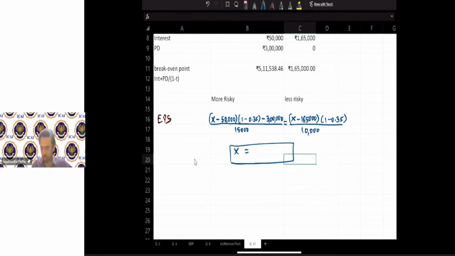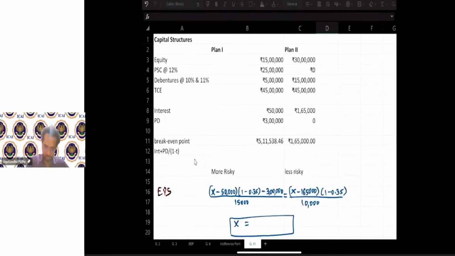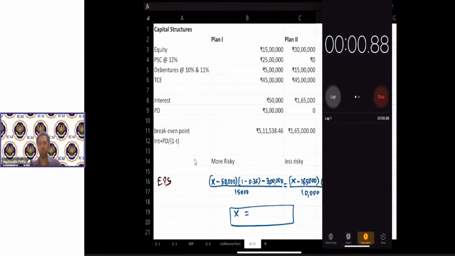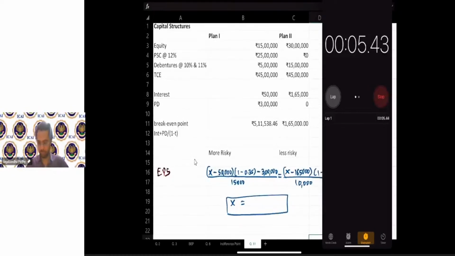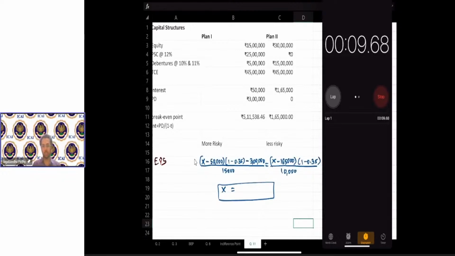I want you to solve it and get the value of X within the next 3 minutes. I put up a timer for you. Get the value of X for these two financial plans, because the X that you get is your indifference point.